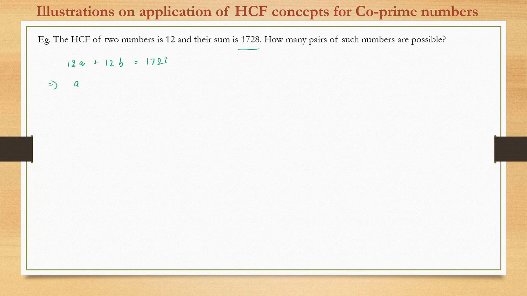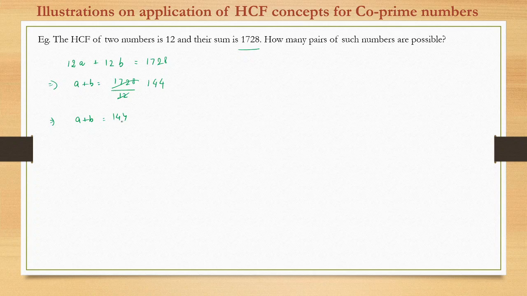So here we can write a plus b is 1728 upon 12, which is 144, right? Where a plus b is 144, where a and b are co-prime numbers.